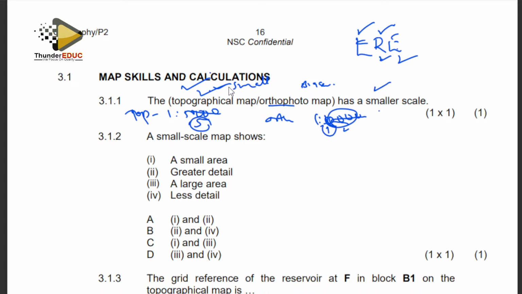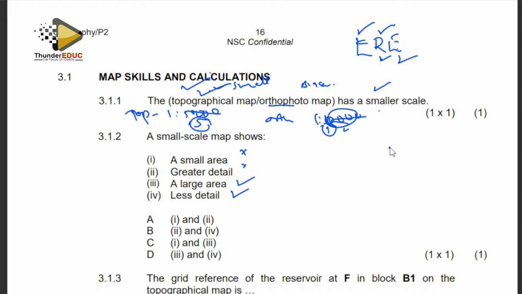Okay, we go to 3.2. It says the smaller scale shows number 1, a smaller area. No, that is very wrong. It shows a bigger area. Number 2, greater details. No, it shows a large area as well as less details.